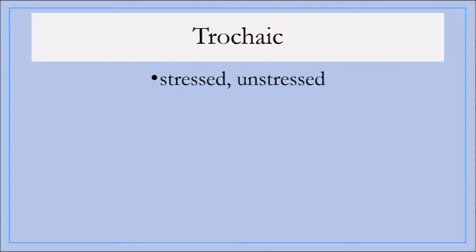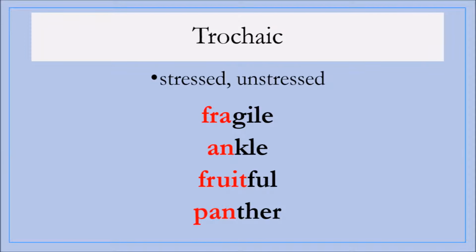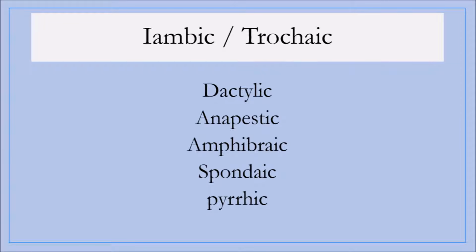A trochaic foot is the opposite, a stressed syllable first followed by an unstressed syllable second, just like fragile, ankle, fruitful, panther. Iambic and trochaic describe just two of the sequences of syllables. There are many others, but these are the main two, and we'll save the others for another time.